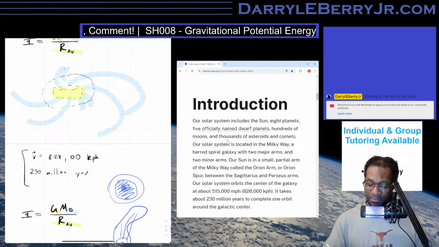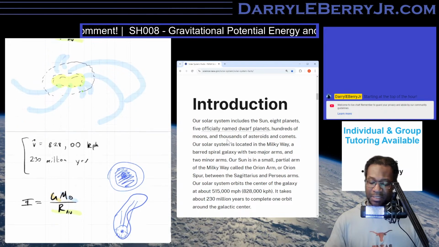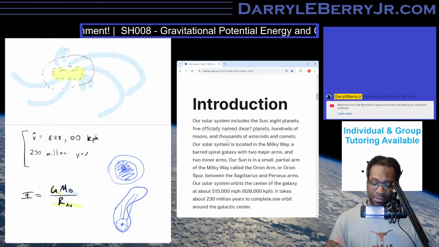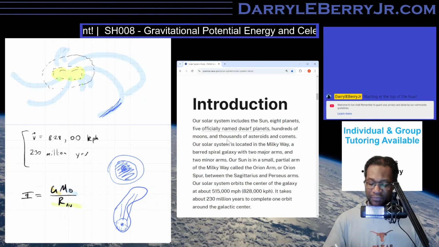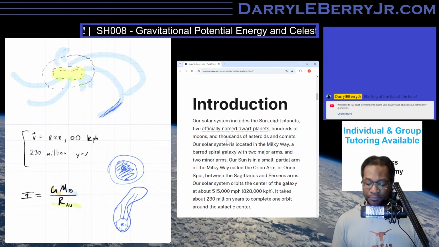So the fact that the Milky Way galaxy has two large arms and two small arms means that even this will be an approximation because, for instance, however far this arm goes out, it's affecting the pull over here as well.